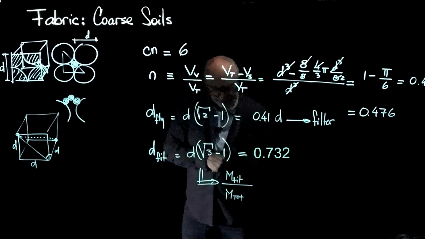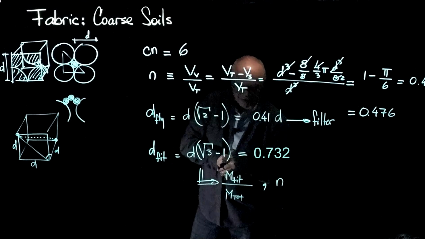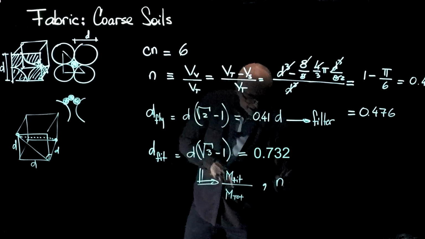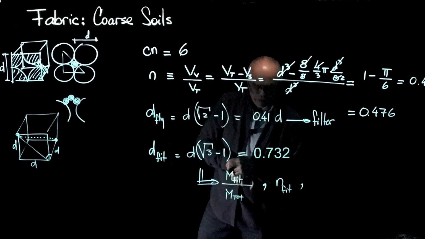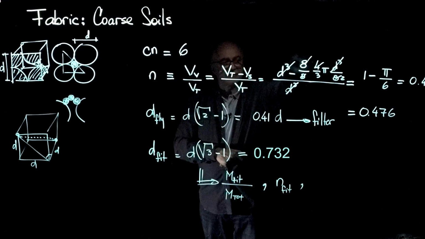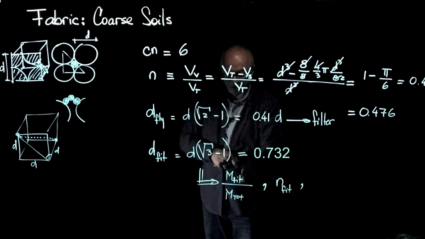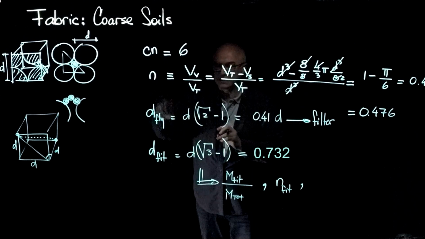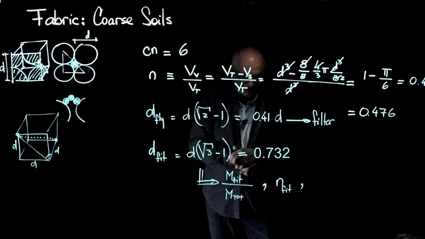I could ask other questions. What is the porosity of the simple cubic packing with the particle that fits in? So in the upper equation, I also have to subtract the volume of a small particle, which is completely in, and you will see how dramatically the porosity decreases.